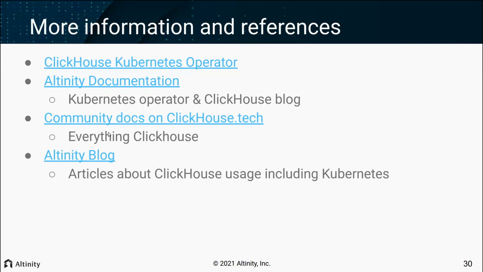There's community docs for ClickHouse itself. They are quite extensive and are basically the reference document for ClickHouse and the SQL dialect that it uses. And then finally, there's the Altinity blog. We write constantly about ClickHouse related topics, including how to run it on Kubernetes, but you'll find all kinds of things there, everything from BI tools to how to manage storage to tricks with new SQL features.